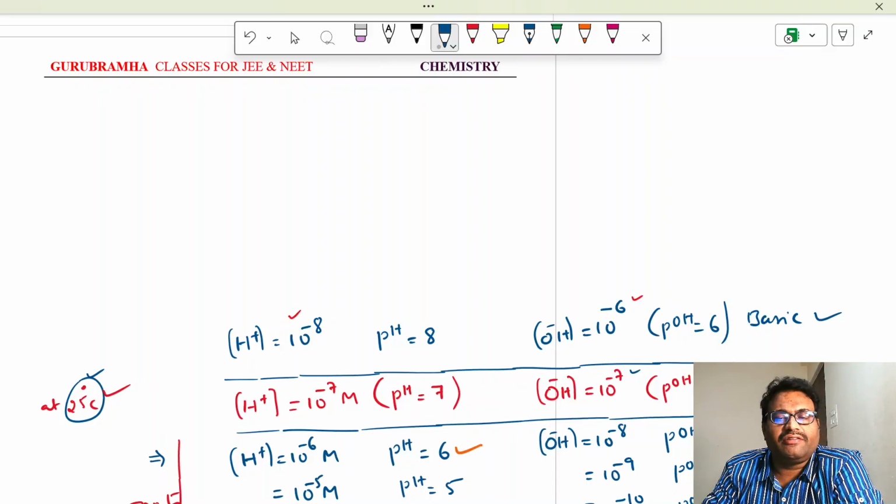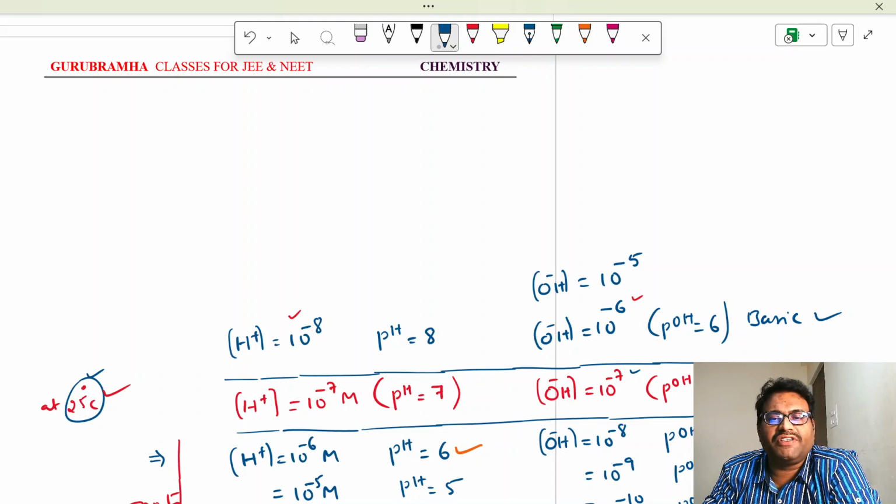Let us take OH minus ion concentration, still increasing, 10 power minus 5. So 10 power minus 5 is greater than 10 power minus 6. So now pOH is equal to what? 5. So still it is basic solution, because OH minus ion concentration is greater than 10 power minus 7.